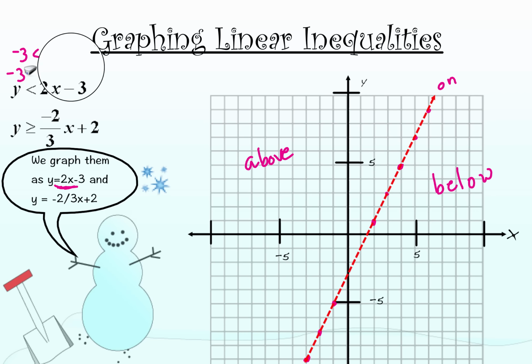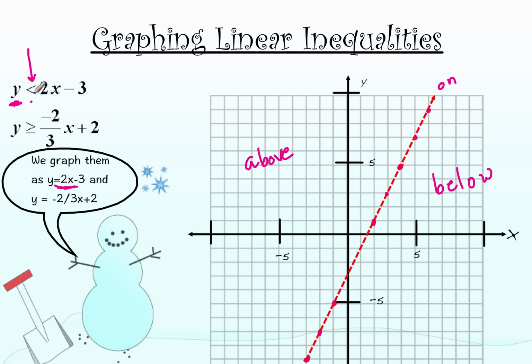There's a lot of steps to graphing an inequality. My goodness. We want to show less than, where the y values are less than double the x values minus 3. Well, since we've solved for y, there's a little trick we can use.